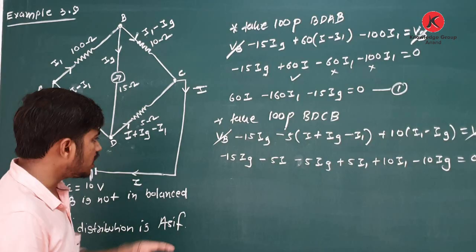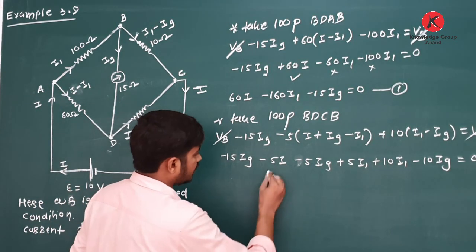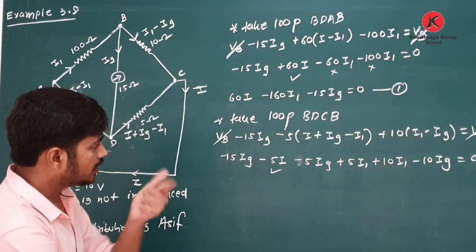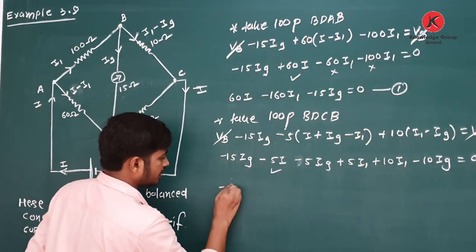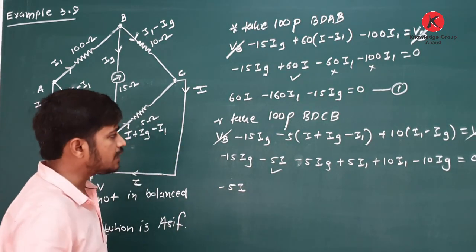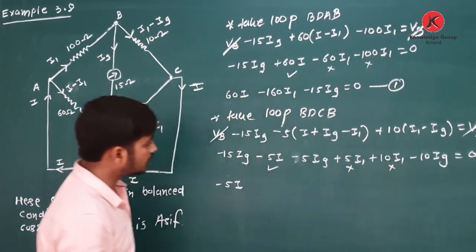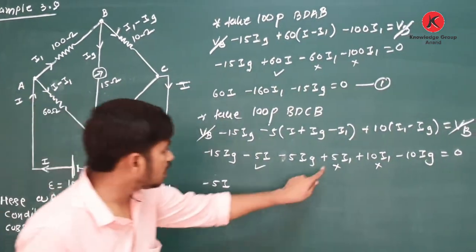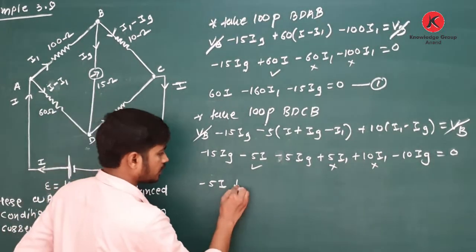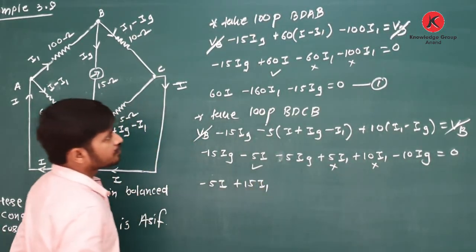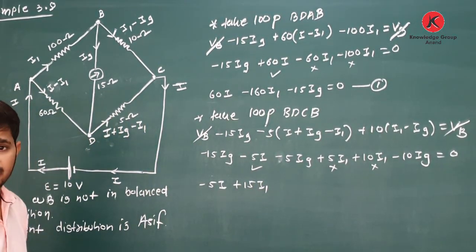Now simplify. First, terms having I: minus 5I, only one term. Then terms having I1: only two terms, 5 I1 plus 10 I1 means it is 15 I1. Clear about this?